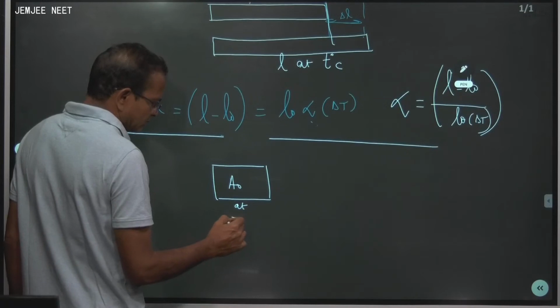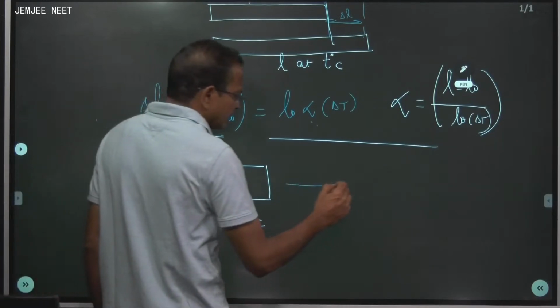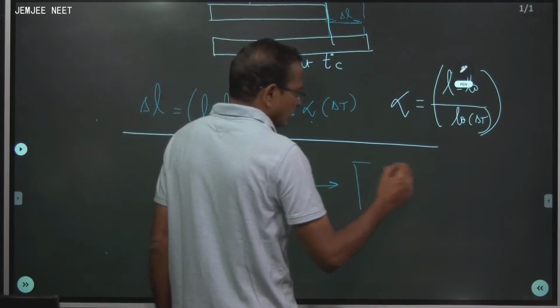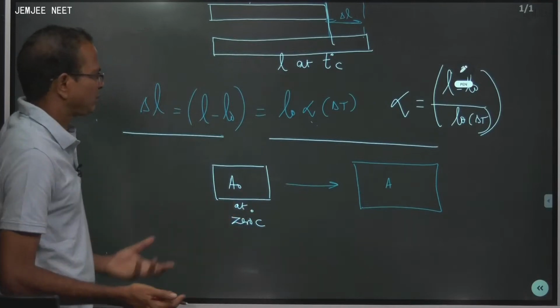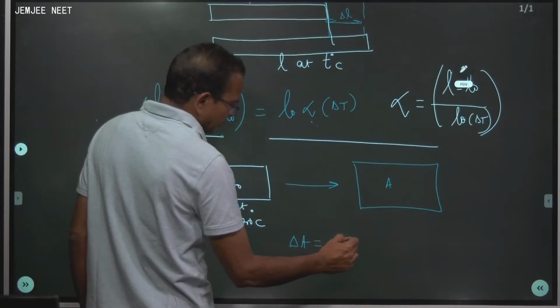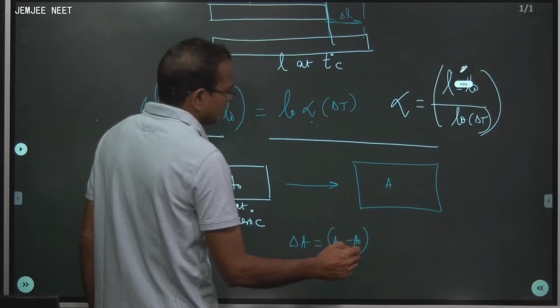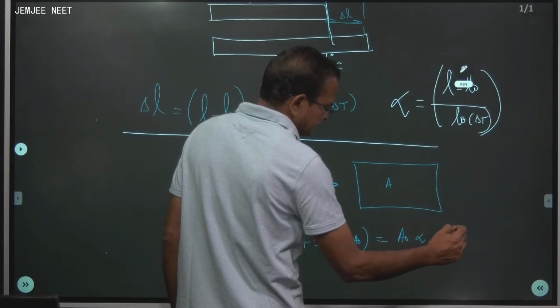Now on heating, it becomes longer, the area increases to A. The similar principle you can apply. Delta A is equal to A minus A naught equal to A naught alpha delta T.